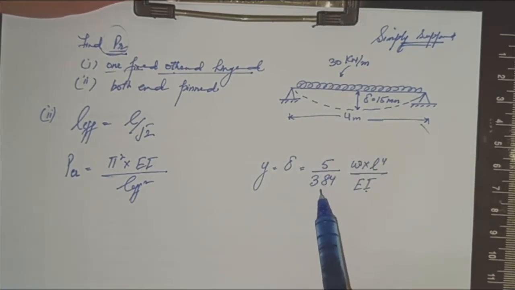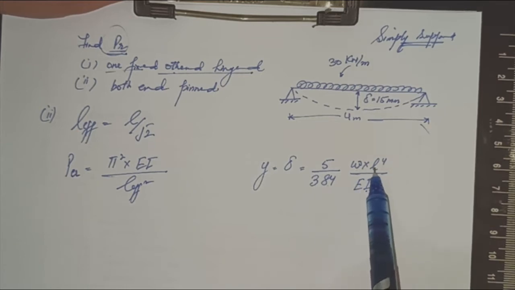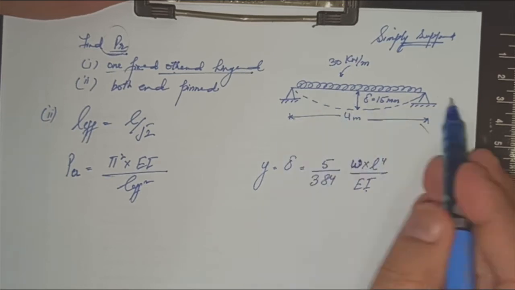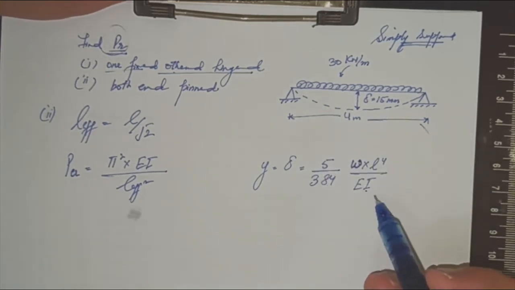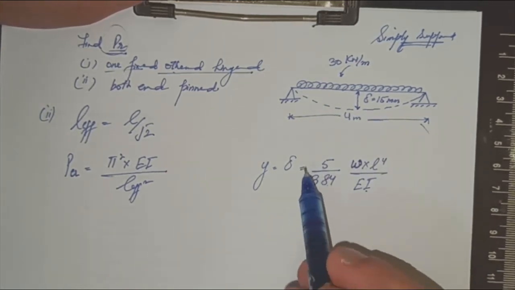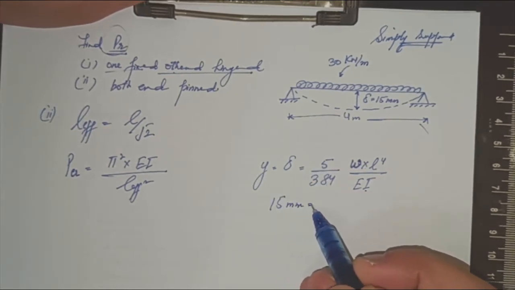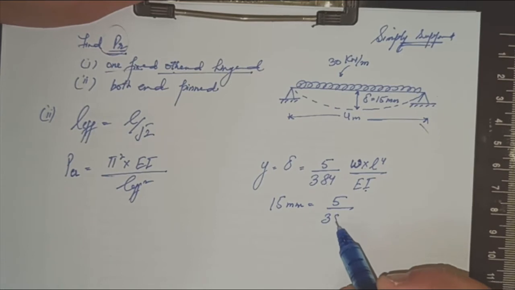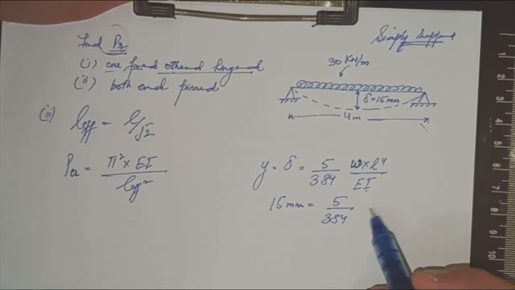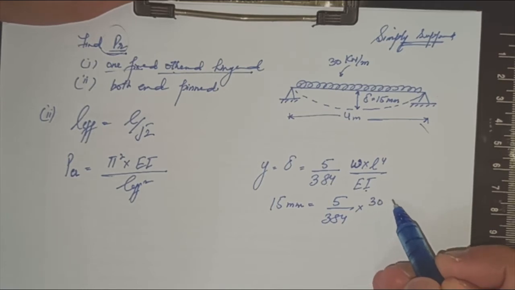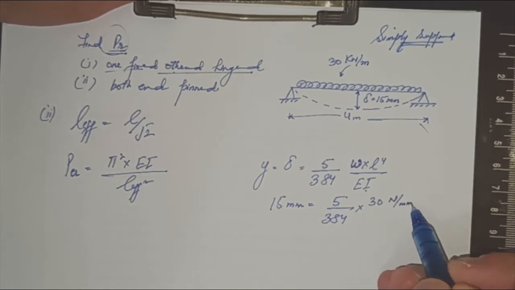Delta equals 5 upon 384 W L to the power 4 upon EI, where W is the running load. Now the deflection is given to me as 15 mm. 5 upon 384 is a constant. W is given to me, and W is approximately 30 Newton per mm. Okay.